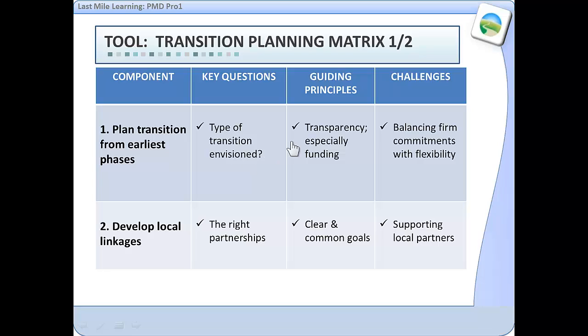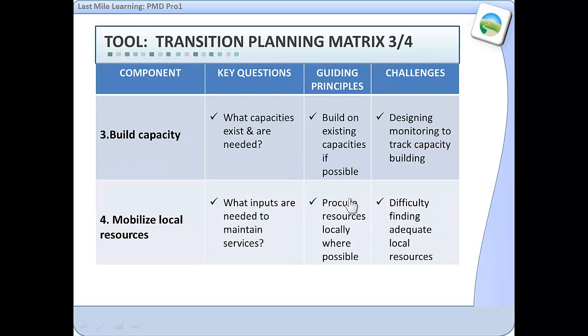Asking the questions, what type of transition is envisioned, and the guiding principles should be transparency, especially funding, and balancing firm commitments with flexibility. Second important aspect that goes on the matrix for transition planning is developing local linkages, including the right partnerships, clearing common goals, and then supporting those local partnerships.